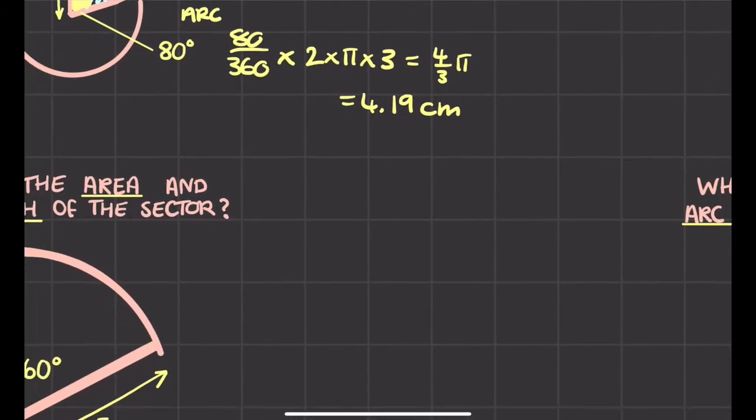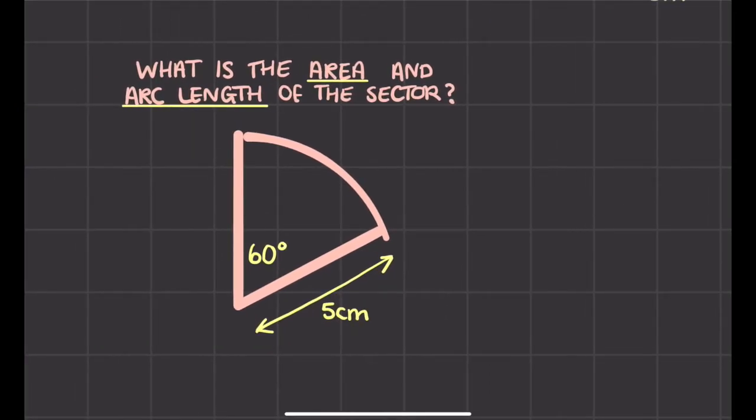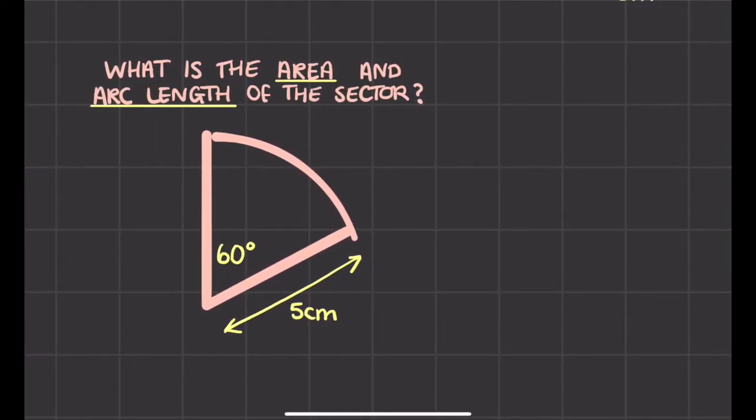Right, the next one. We've got again, what is the area and what's the arc length of this sector? So for the area, well, in fact, pause it, have a go, and then I'll show you how to do it. Okay, so the area is, so I've got 60 degrees out of the 360. I'm going to multiply that by pi times r squared for area.